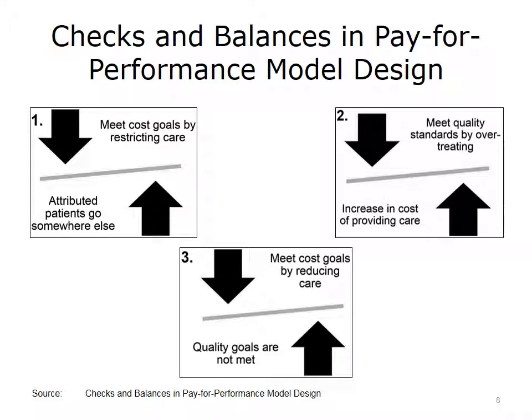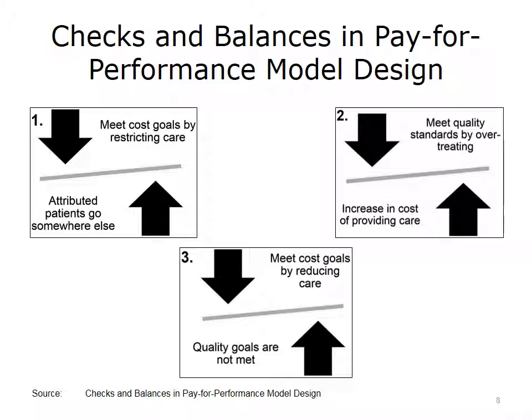The figure shown here illustrates how the 3 competing elements of quality, cost, and healthcare experience provide these checks and balances. In the first check and balance image, image 1, ACOs could exert downward pressure by attempting to meet cost goals by restricting care to individuals.